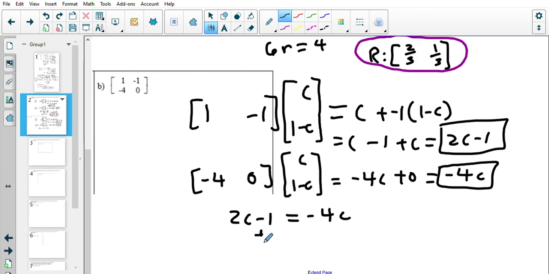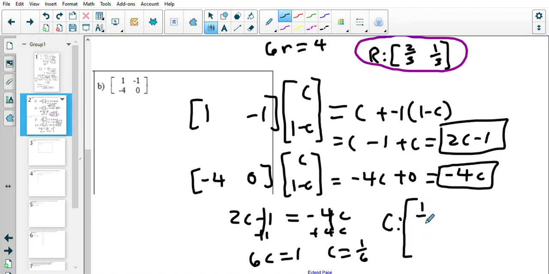So I'll add 1 to both sides and add 4C to both sides. That'll give us 6C equals 1. So C equals 1/6. That means the column strategy should be 1/6 for the first option and 5/6 for the second option. So that's the optimal strategy for the column player.